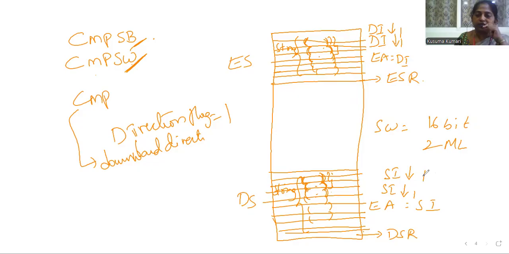After that, SI is decremented by 2 and the destination index is decremented by 2. Next, two memory locations are identified and this 16-bit number is compared with this 16-bit number. So that is compare string byte and compare string word.